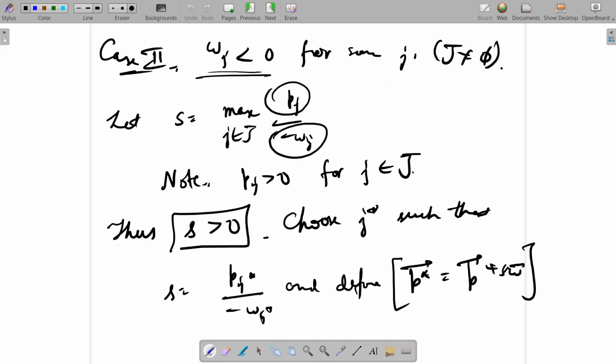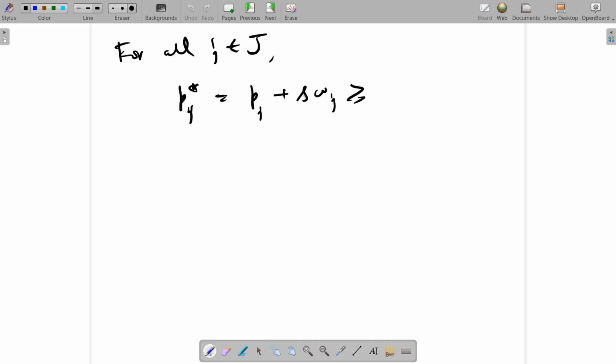Since s is the maximum, look at how we defined it. It's the maximum amongst these quantities. So no matter what index j, little j, I choose from capital J, s is going to dominate that, and s is a strictly positive number. So what I have here is, this is bigger than or equal to pj plus pj over minus wj times wj, and all of these are positive numbers. There's no worries about division by 0 or anything of that nature.